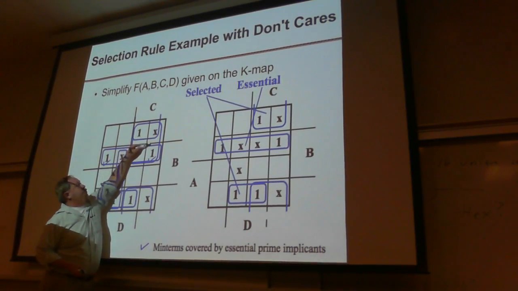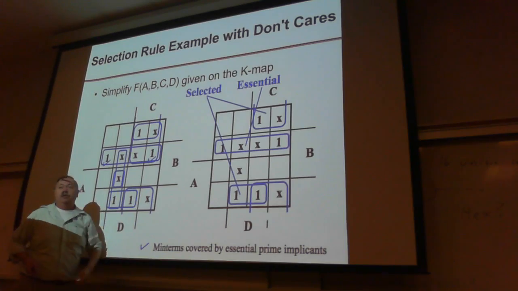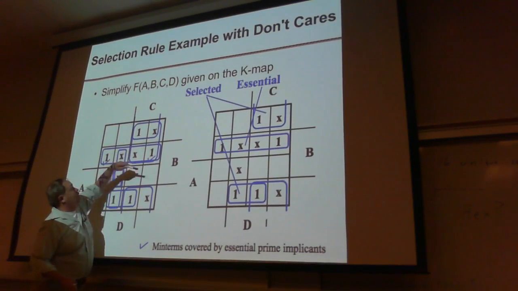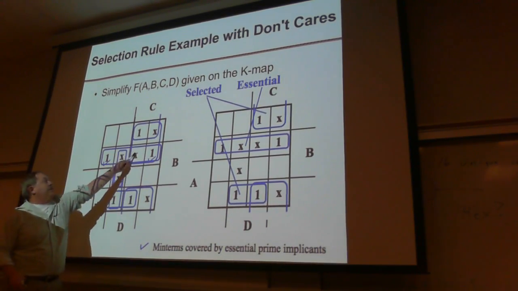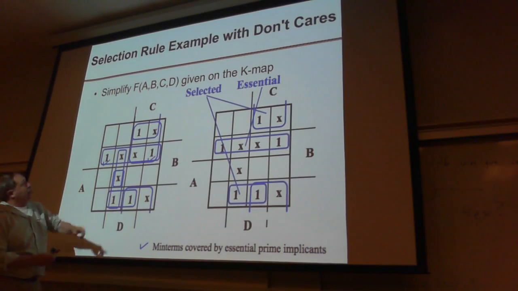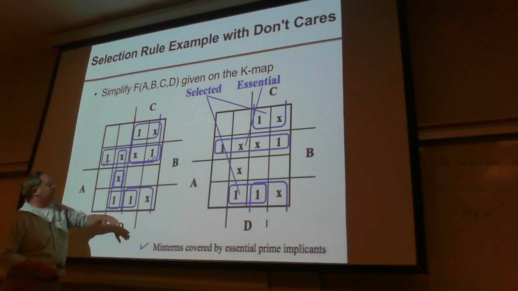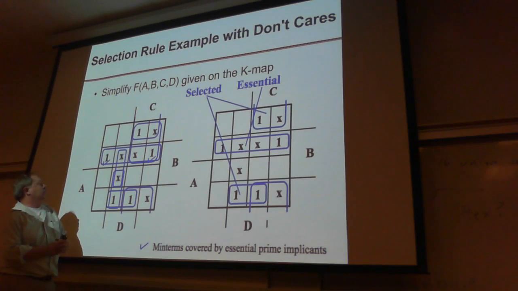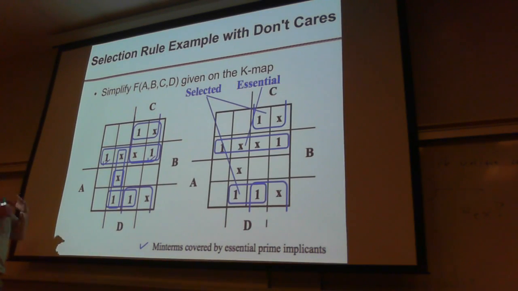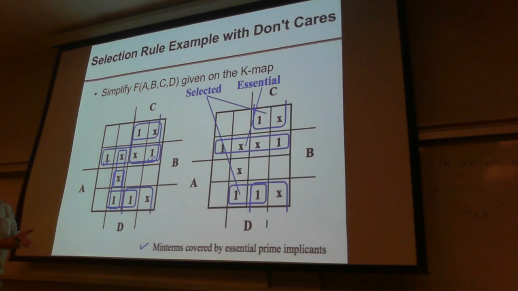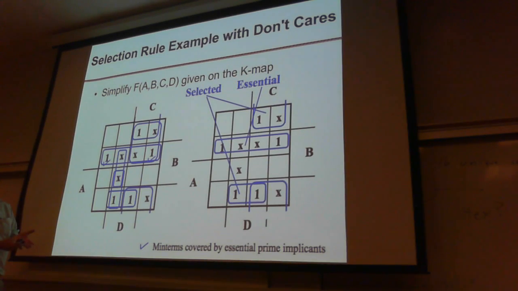Because these are adjacent, these are adjacent, these are adjacent, these are adjacent. So I now have a grouping of 4 in that prime implicant set. Likewise, the top 2, the bottom 2 is another collection of 4. Okay? So I go ahead and include the x's when I'm calculating my prime implicants.